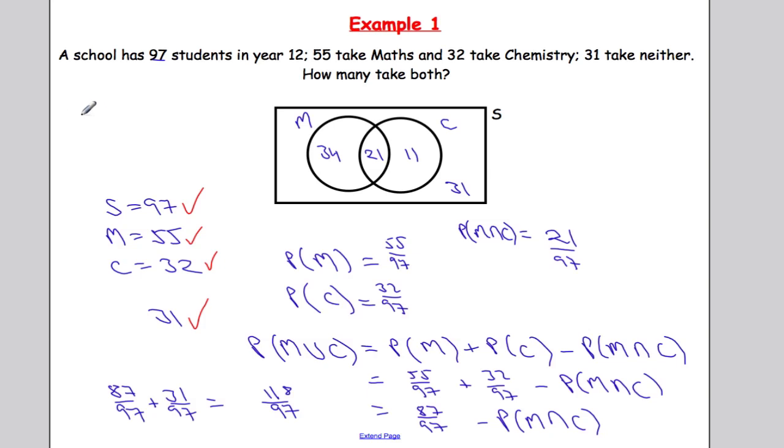And suppose I could be asked then, what's the probability of a student taking maths but not chemistry? Well, I can look at my diagram. Remember, let's go back.